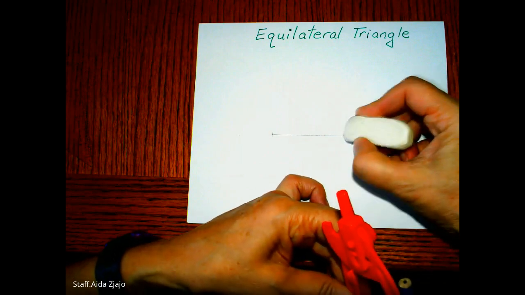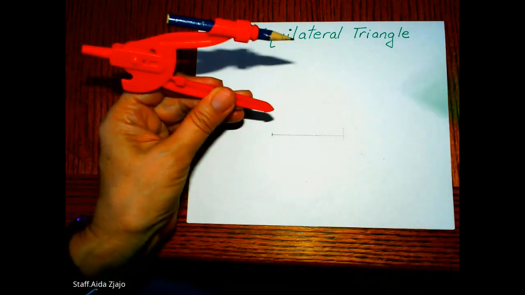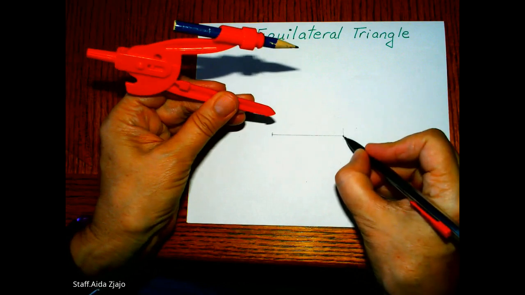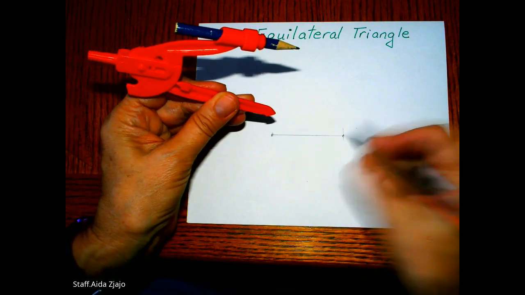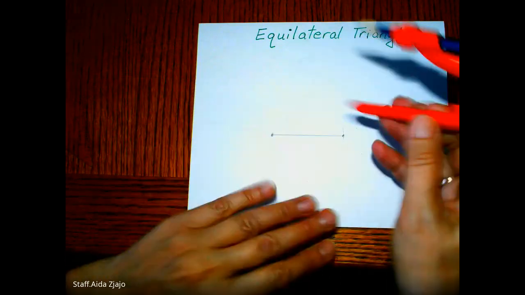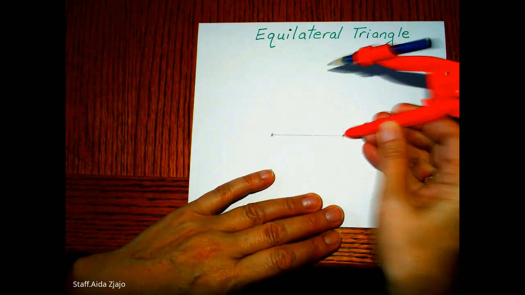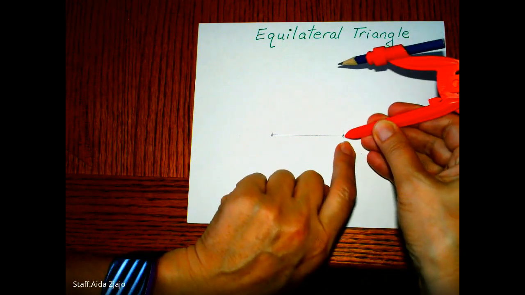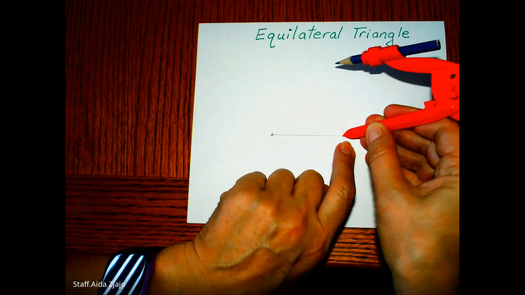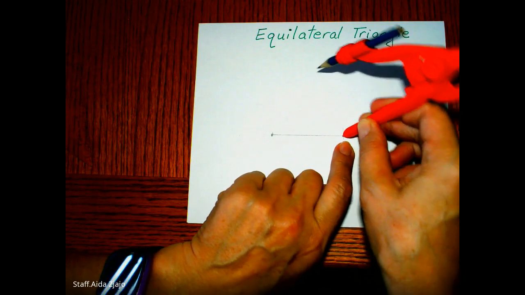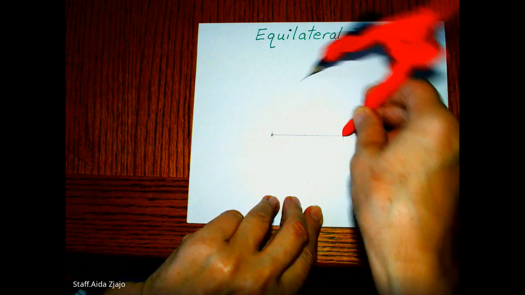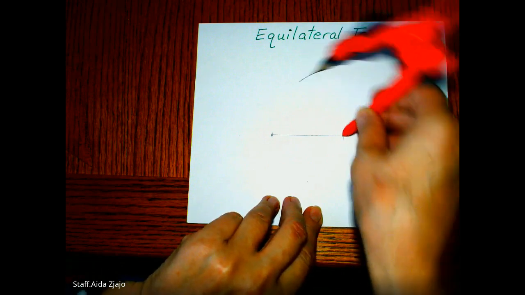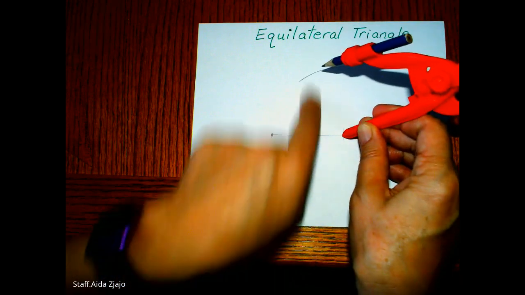Good. And so I have one line segment. I can label it later, but right now what I'm going to do is put my compass on one point and make a small semicircle, like part of a circle, above the center of my line.